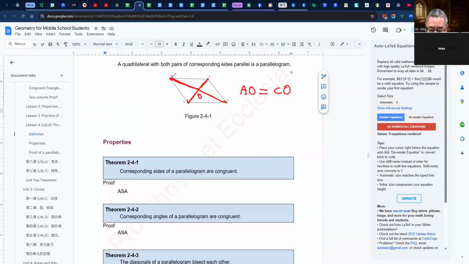Bisect means cut into two equal parts. And also this diagonal bisects this diagonal, so therefore BO is equal to DO. So this side is congruent to this side, and this is congruent to this. Good?